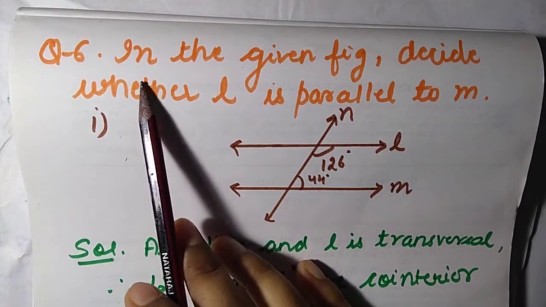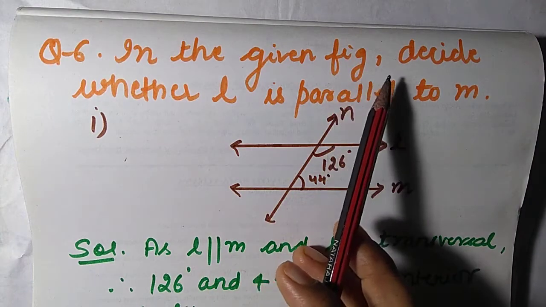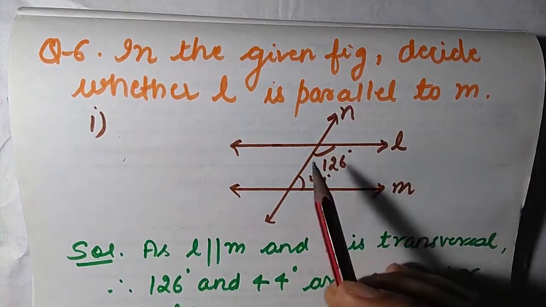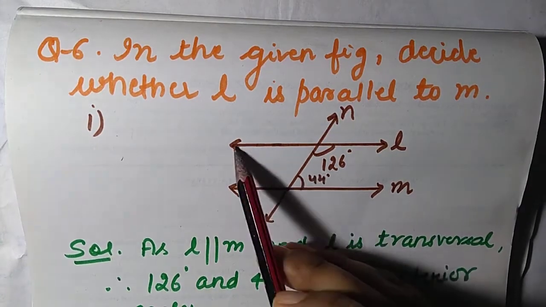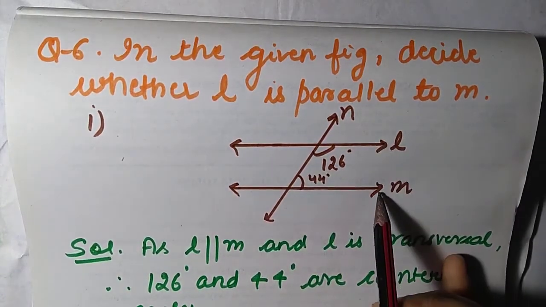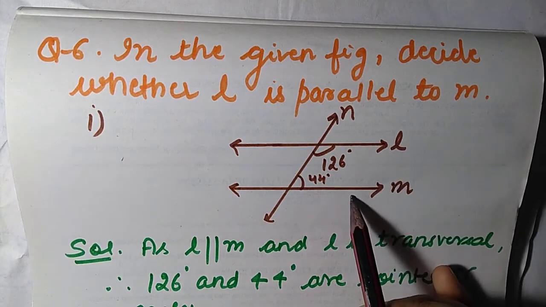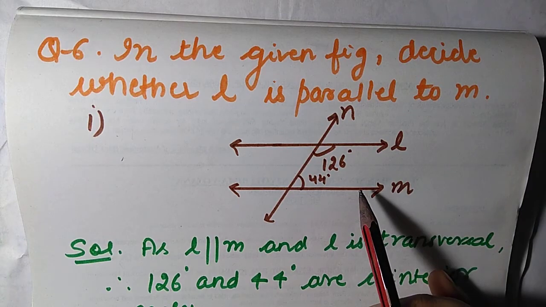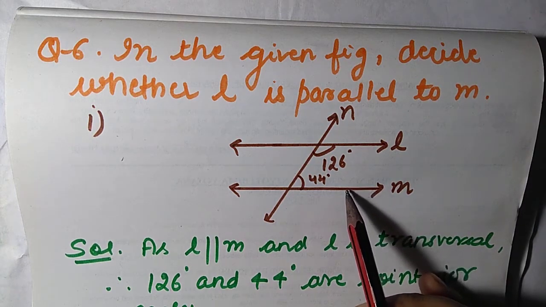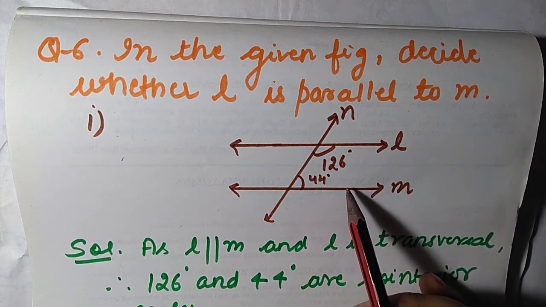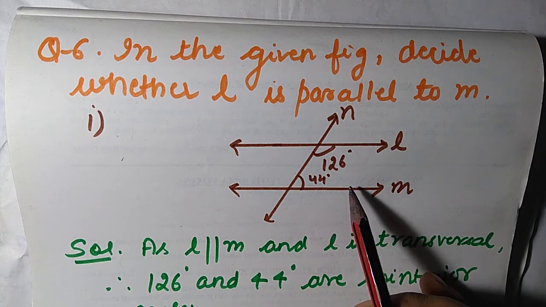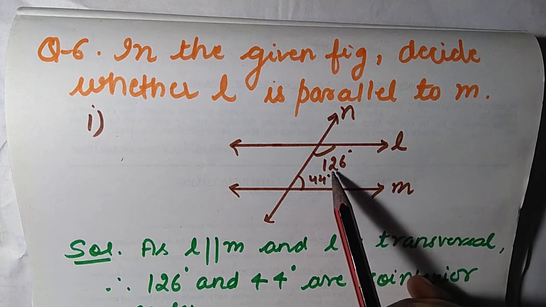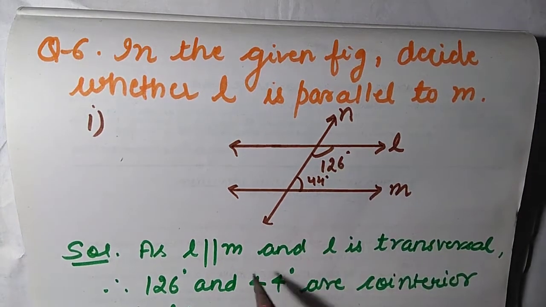Now this is question number 6. In the given figure, decide whether L is parallel to M. It means we have to find whether L is parallel to M or not. Either we can prove that alternate angles are equal, or we can prove that one of the pairs of corresponding angles are equal, or you can prove alternate exterior angles are equal, or you can say the sum of co-interior angles is 180 degree.